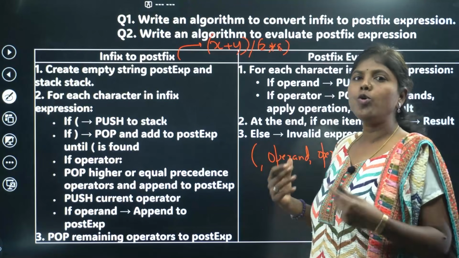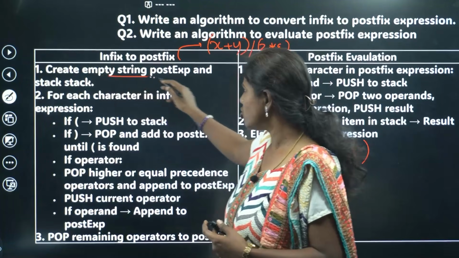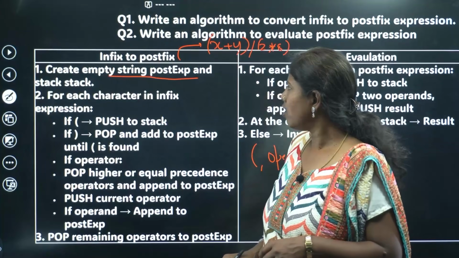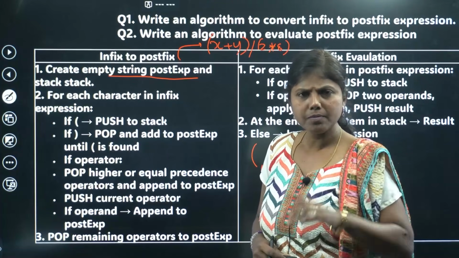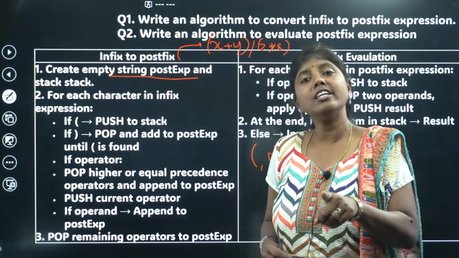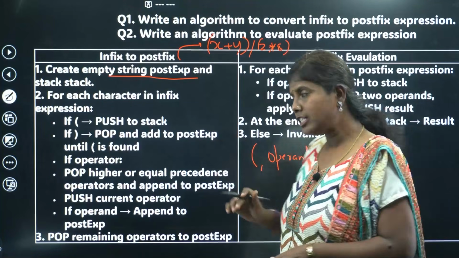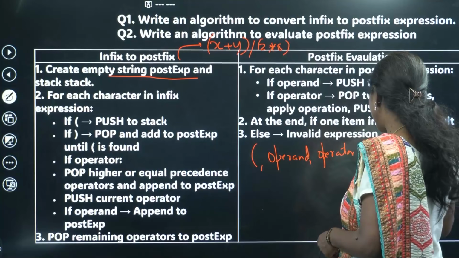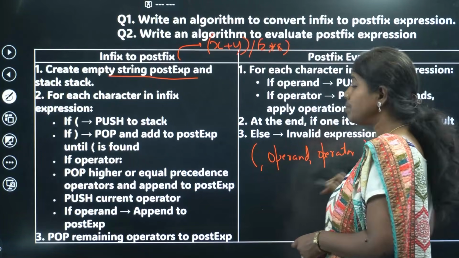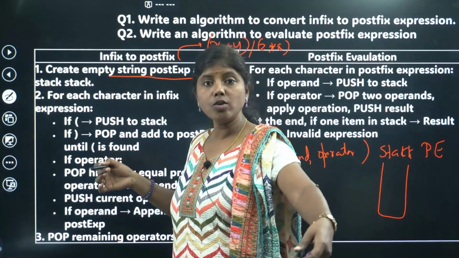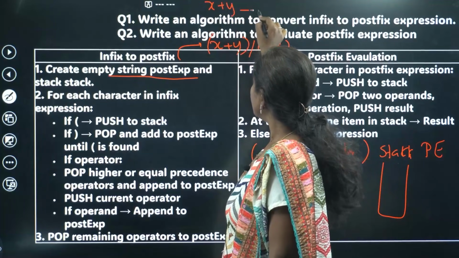So now what is the action? One at a time we keep taking a character. We'll create an empty string for the postfix expression, and a stack. For each character in infix, we have to do the following things. In order to convert infix to postfix, first we need a stack, and we need this PE, the postfix expression.